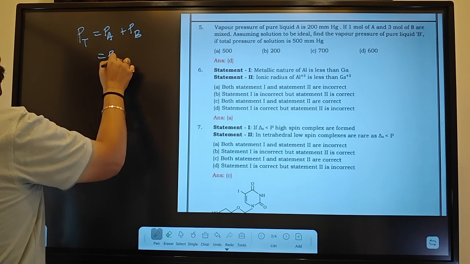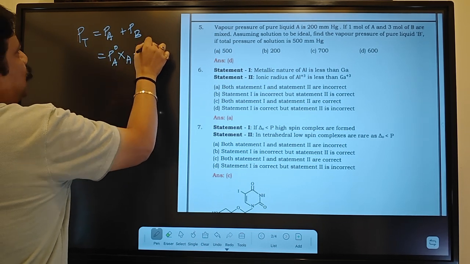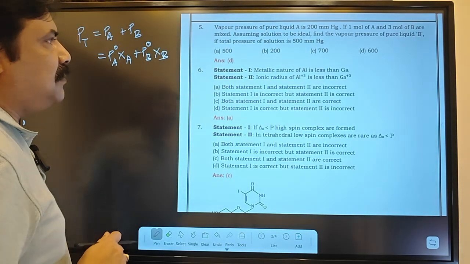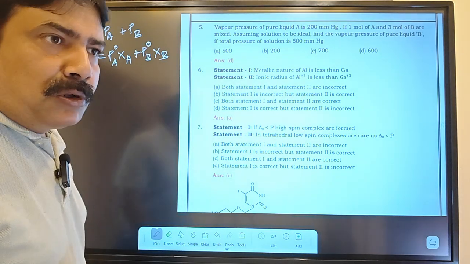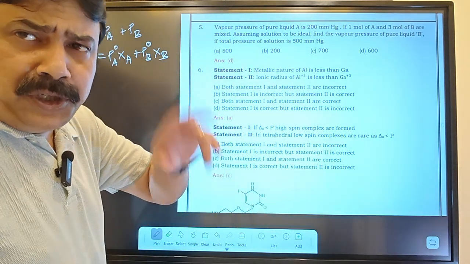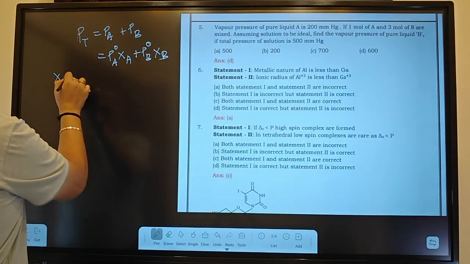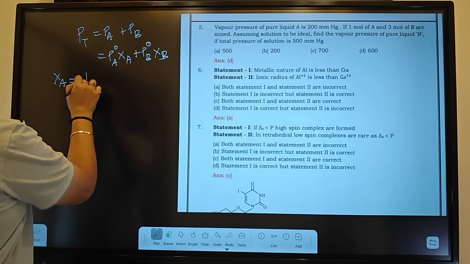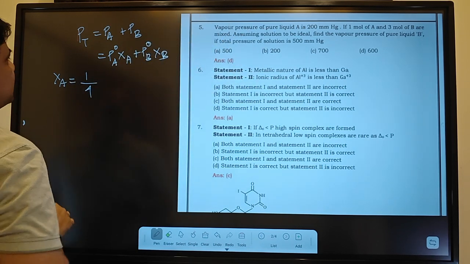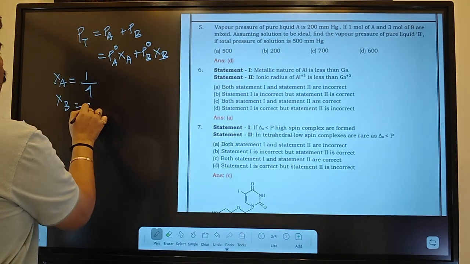Again, PA will be equal to PA naught into mole fraction of A, plus PB naught into mole fraction of B. Now, mole fraction is nothing but the number of moles of the component with respect to the total number of moles. So mole fraction of A will be equal to the number of moles of A in the mixture, 1, by the total moles of A plus B, which is 1 plus 3, which is nothing but 4. Mole fraction of B will be equal to 3 by 4.